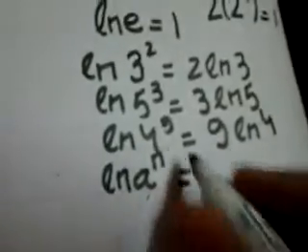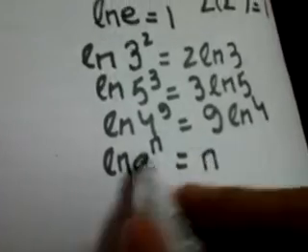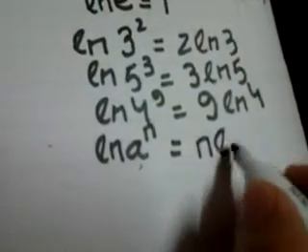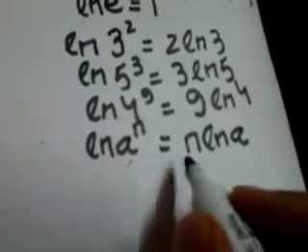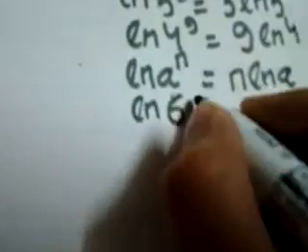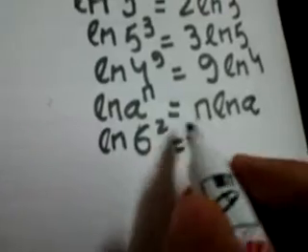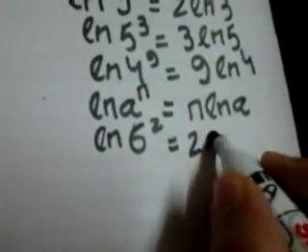You can see from these three here, the power comes in front and we remain with the ln function. So ln a to the power n equals n ln a. Okay, so let's take ln 6 to the power 2. A is 6, n is 2. This equals n ln a, so this should equal 2 ln 6.